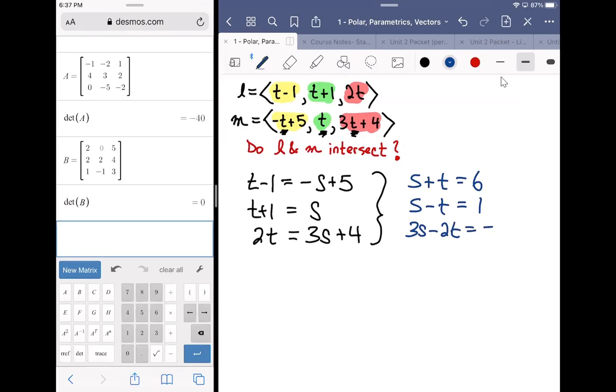Subtract the 4 from both sides, you get negative 4. Strip it down to just the coefficients: 1, 1, 6, 1, negative 1, 1, 3, negative 2, negative 4.